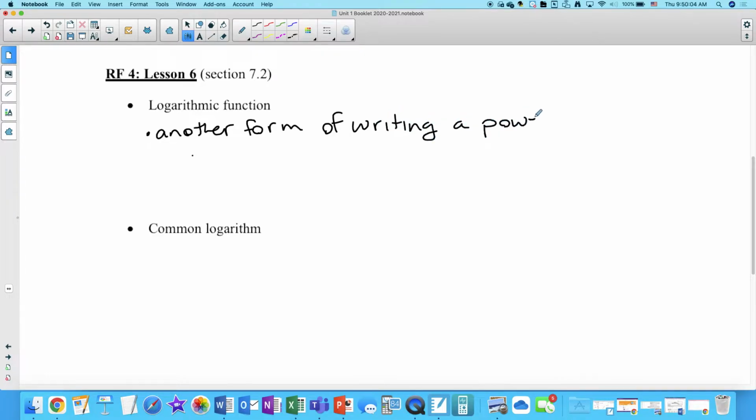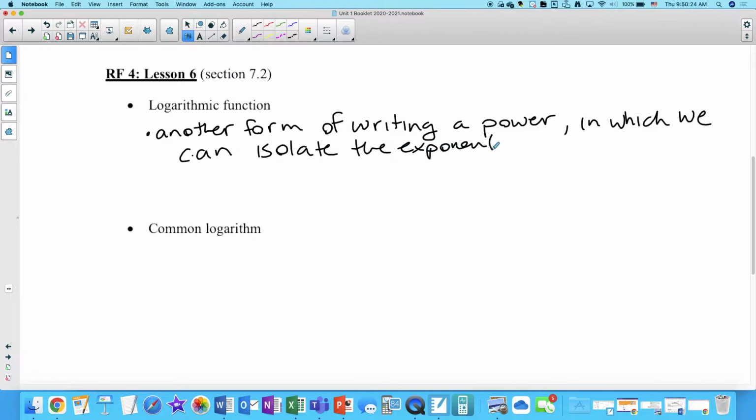And in this form, we are actually able to isolate the exponent. Okay, so let's say, for example, I know that 3 to the 4 equals 81.